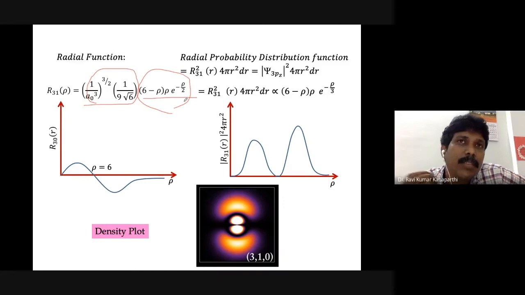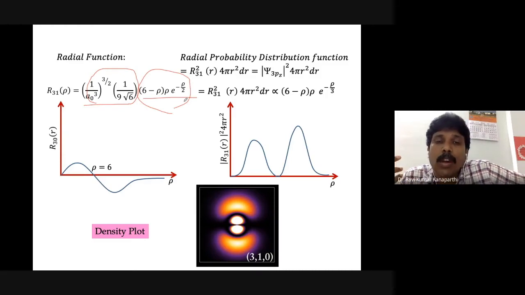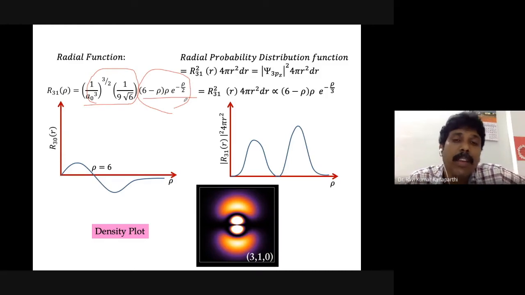So in the case of n equal to 3, rho is equal to 2r by 3a naught. This is the value one has to substitute whenever we come across a rho.